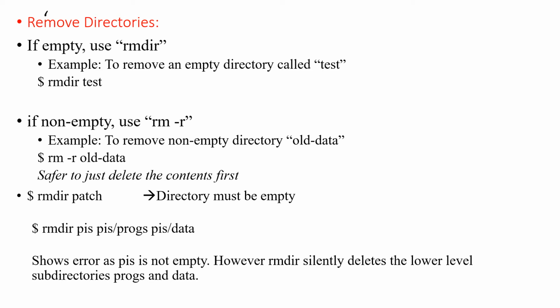For example, to remove an empty directory called test, apply $rmdir test, and that works. If it is not empty and you try to apply rmdir on it, that shows an error. For example, to remove a non-empty directory olddata, you can try.